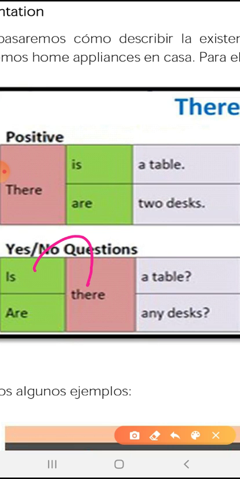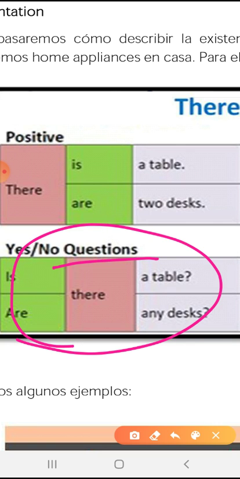Pregunta. Is there a table? Pregunta, yes. Respuesta, there is a table. Okay. Question, pregunta. Are there any desks? Respuesta, there are 2 desks. Affirmative, there is a table, there are 2 desks.